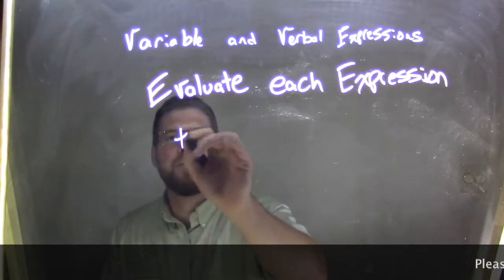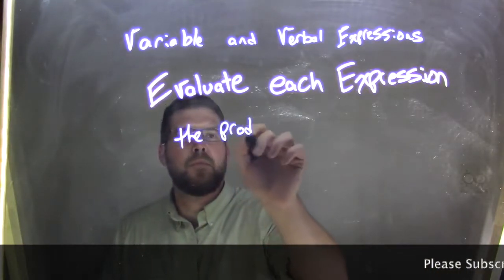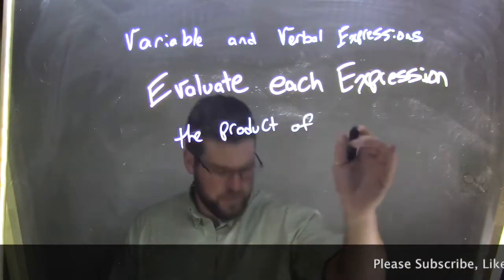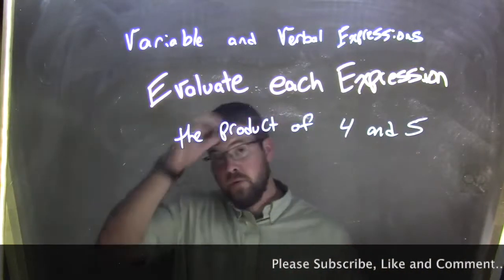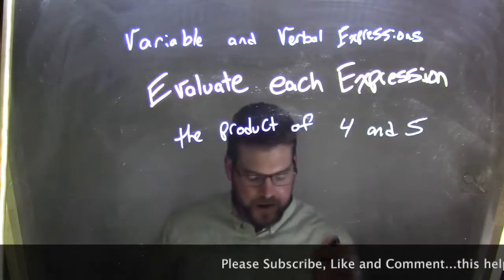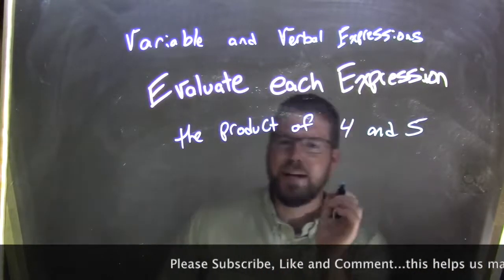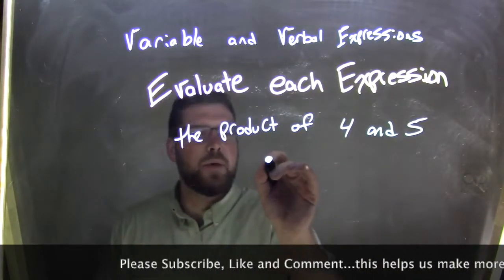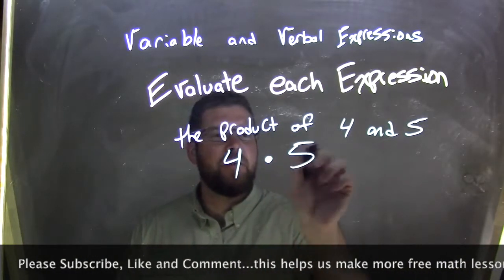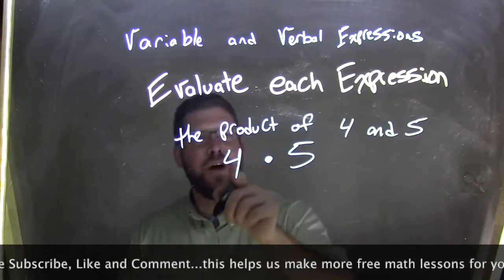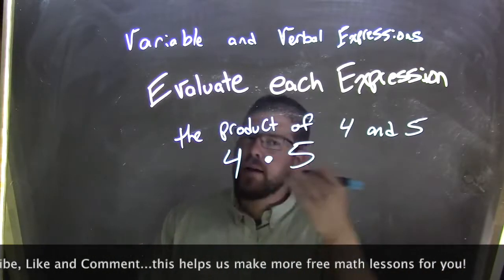The product of 4 and 5. So the product of 4 and 5. Well, product I should be thinking about is multiplication. So I have that multiplication here. The product of 4 and 5. So we have multiplication of 4 and 5.